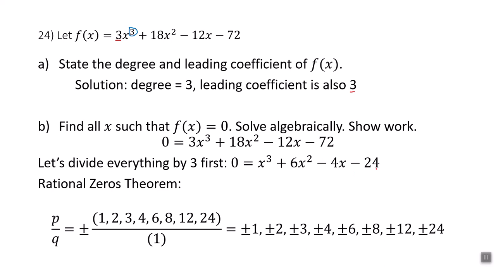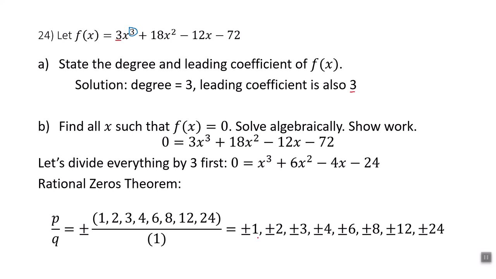So all the factors of 24 include 1, 2, 3, 4, 6, 8, 12, and 24. All the factors of 1 are 1. I like ones. And remember, they could be positive or negative.